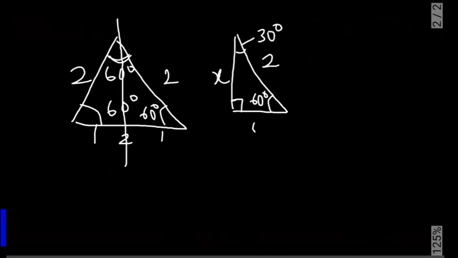So the first thing we're going to do is to look for x, the missing length. How do we get x? Don't forget your trigonometric ratios, SOH CAH TOA.